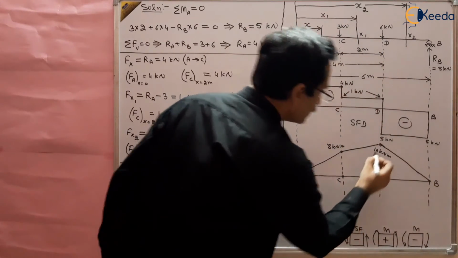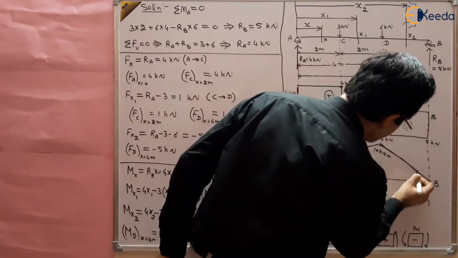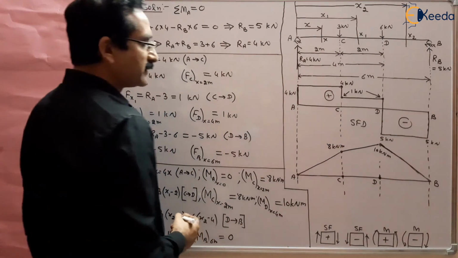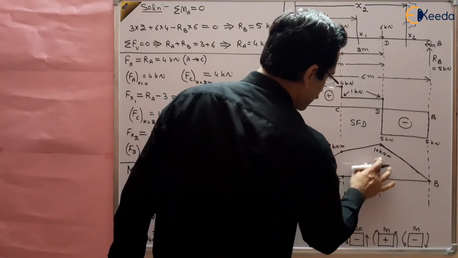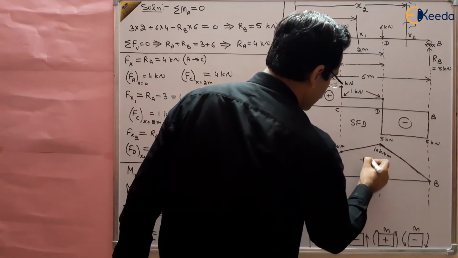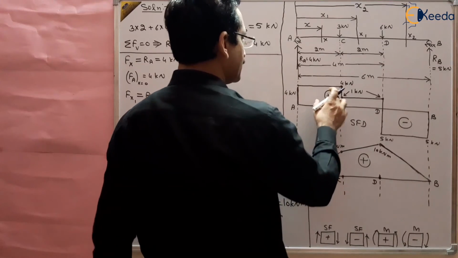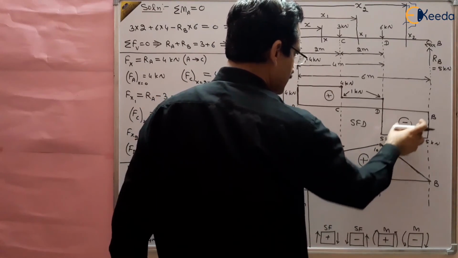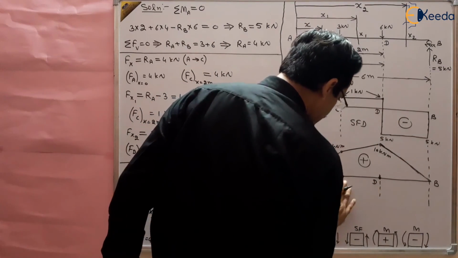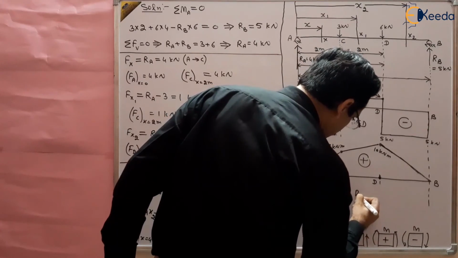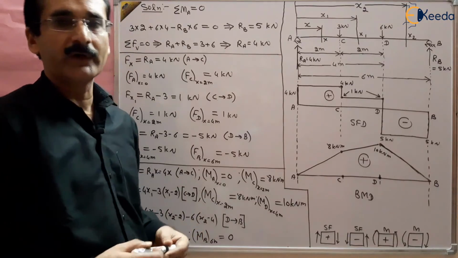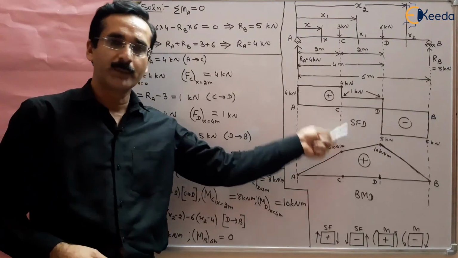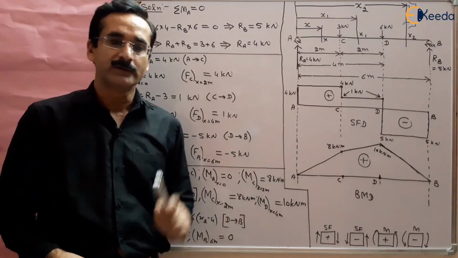This is basically a straight line. This is the bending moment diagram for a simply supported beam where the forces are given like this. This is positive and this is negative, this is positive. So this is how we can draw the shear force diagram and bending moment diagram for this given simply supported beam.